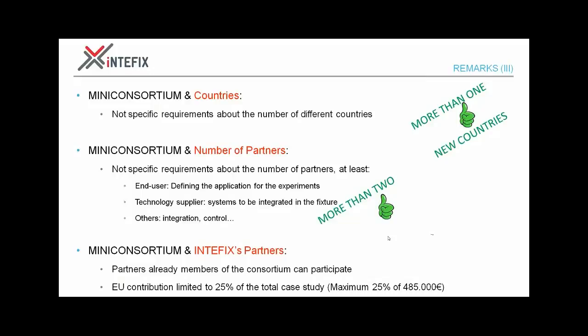But more than 2 partners is also a plus in the evaluation, because, as you can see in the previous slide, it's important to strengthen the supply chain and the supply SMEs with new advanced products. That's why it's important to have as many partners as possible on the technology supplier side. Regarding the end users, only 1 is necessary.